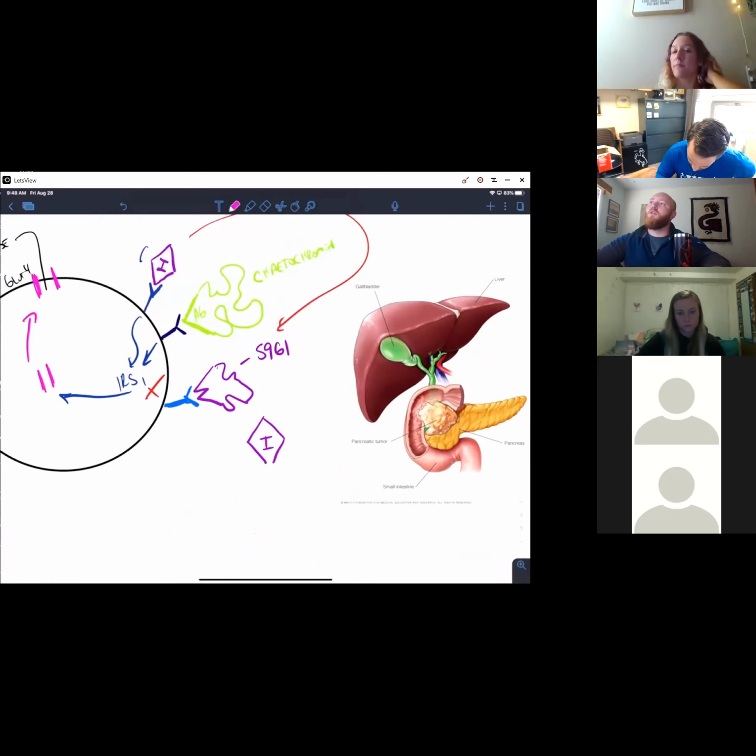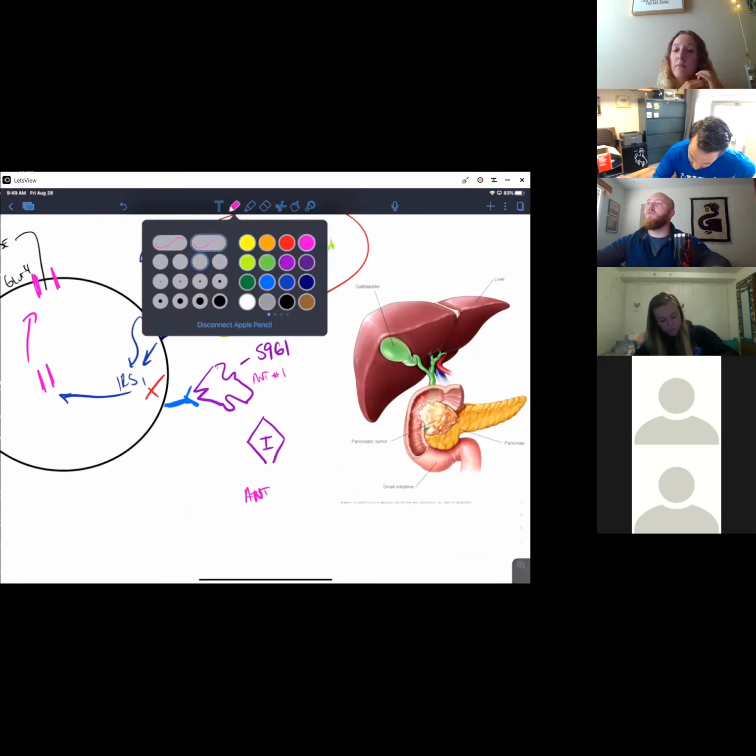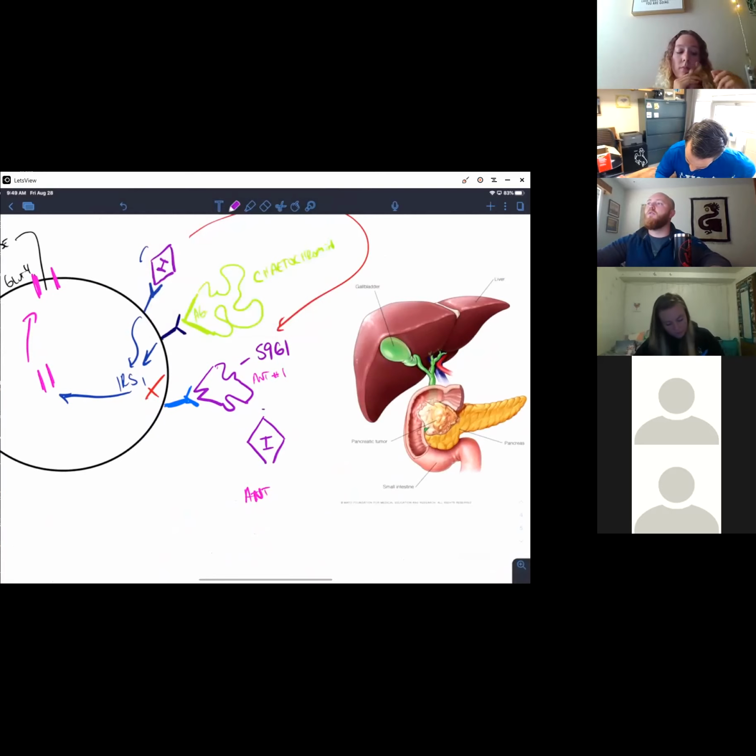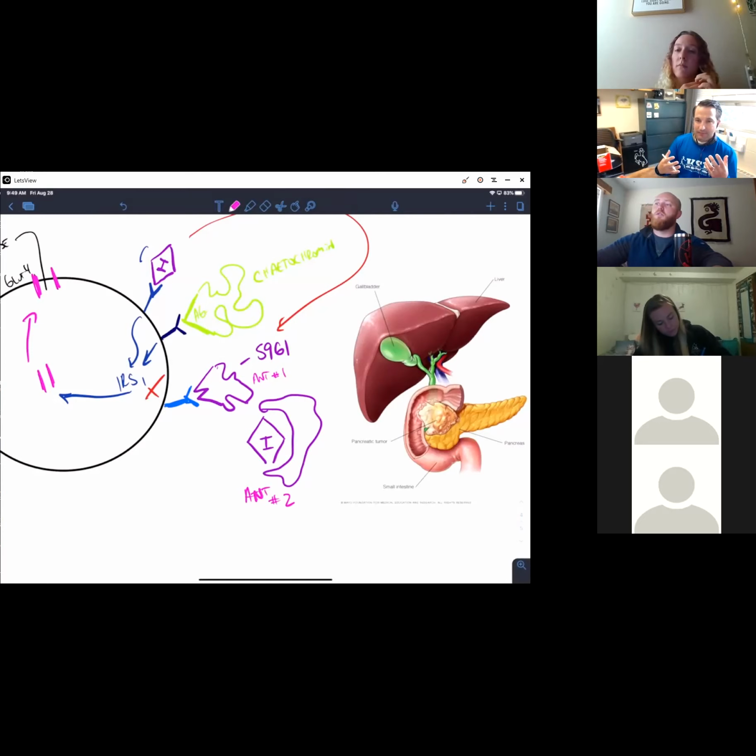Our antagonist number 2 would be a substance, let's do this in purple, that comes along and binds to the molecule itself. And okay, once our antagonist type number 2 would bind to the insulin itself, it would deactivate that insulin. And now this insulin, because it's bound to this big antagonist, cannot bind to the receptor overall.